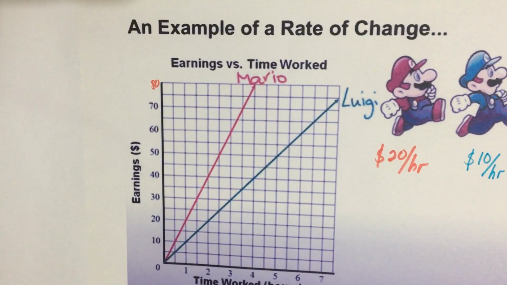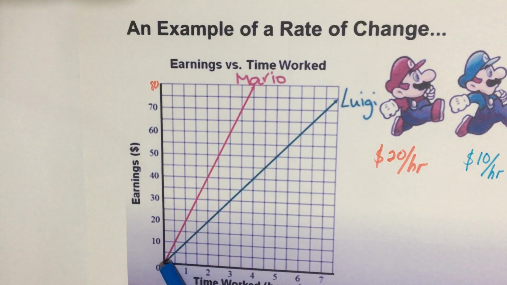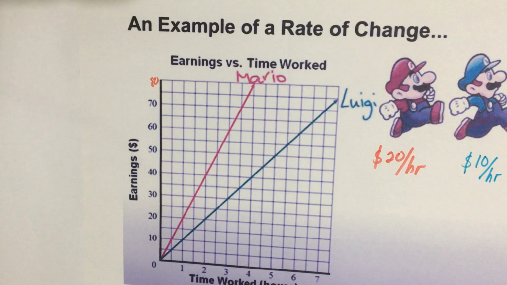Okay, so I hope you have understood the concept of this rate of change. As you have seen a while ago, as we move the hours, there's a corresponding change of the earning in dollars. So that is rate of change.